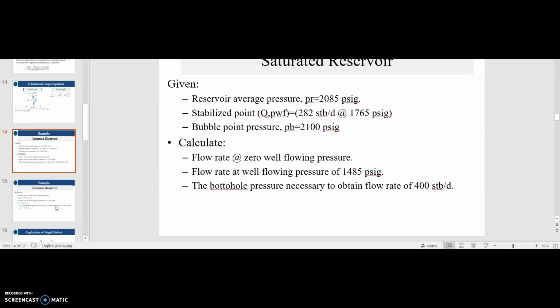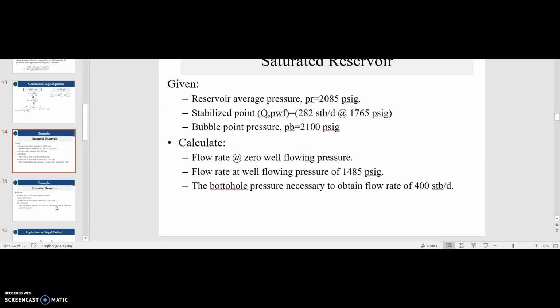Here we are requested to calculate the flow rate at zero well flowing pressure, which is the maximum flow rate Qmax, and then to calculate the flow rate at well flowing pressure of 1485, which is still below bubble point, as reservoir pressure is below bubble point.